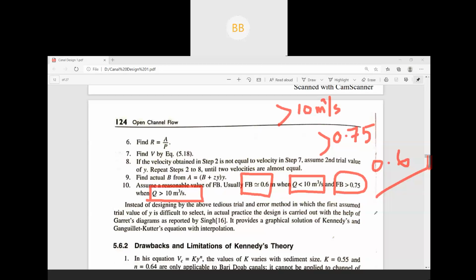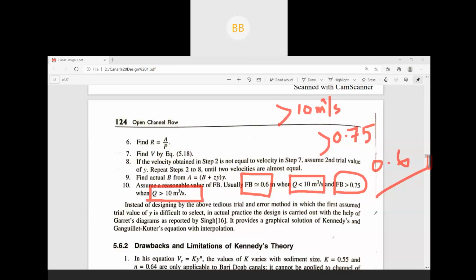From the exam point of view, if this comes as a numerical, you go for two trials. First, you consider any depth of flow and go through the whole procedure till step number 7. If both velocities are the same, then well and good. If not, then you repeat for another trial. That will be your last trial.